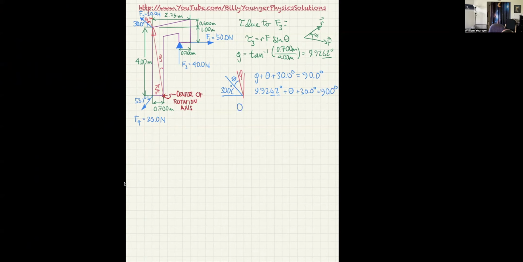So finally we can say theta is equal to 90 minus 30 would be 60, minus 9.9262 is 50.07.